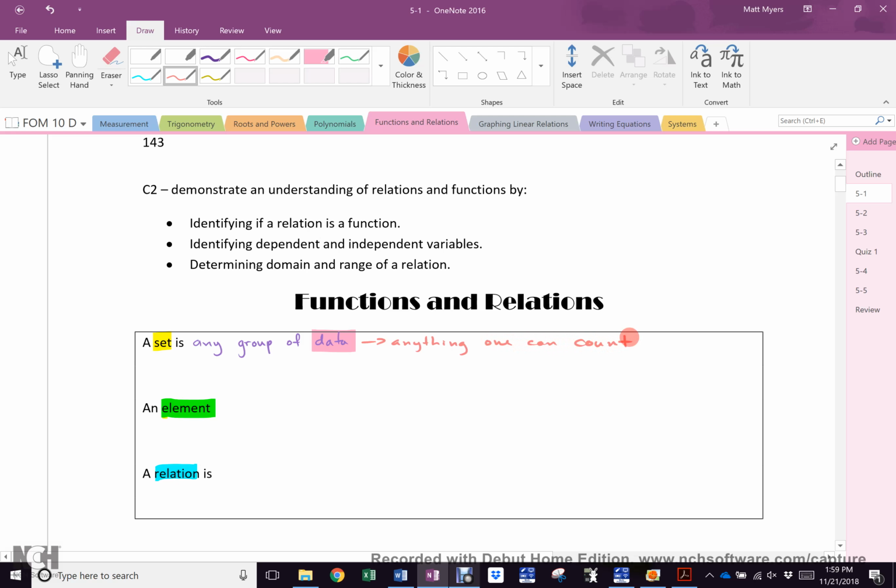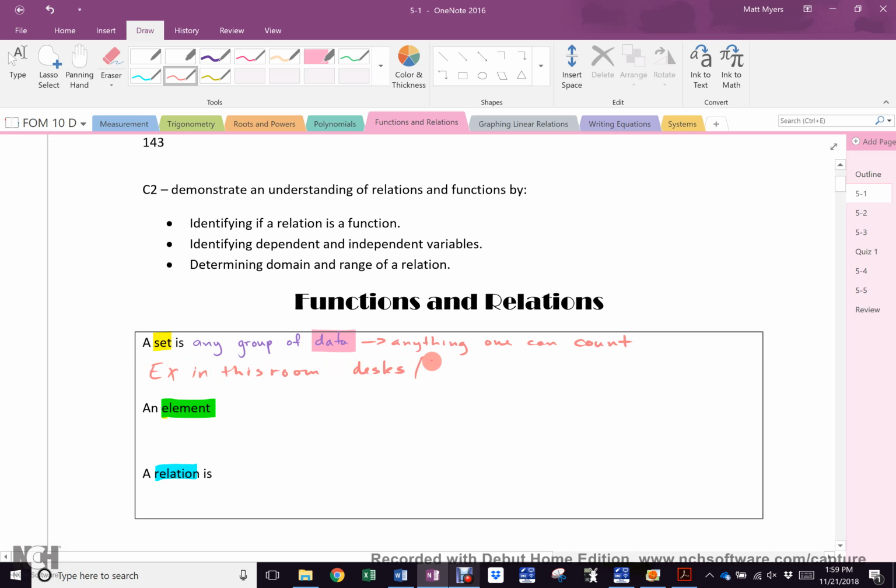Okay? So, right now, look around this room and give me an example of a set of things that are in this room. Desks. Excellent. So, sets. Example, in this room, there are desks. That's a set. Yeah? Give me another one.